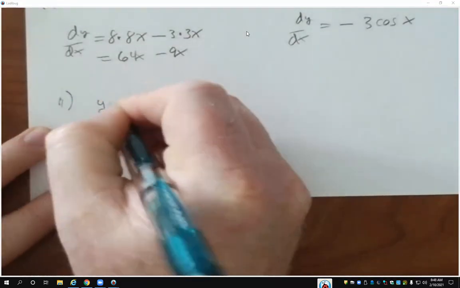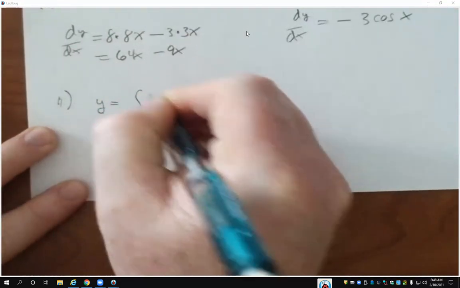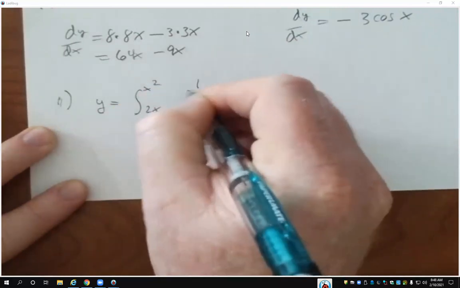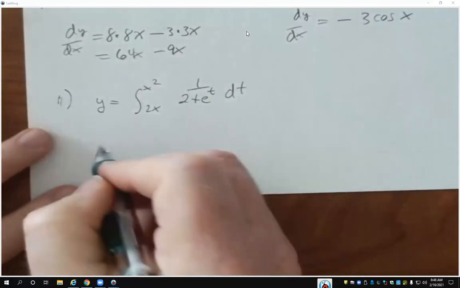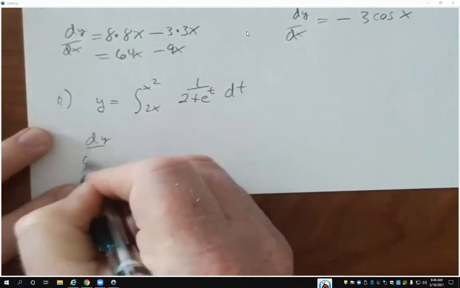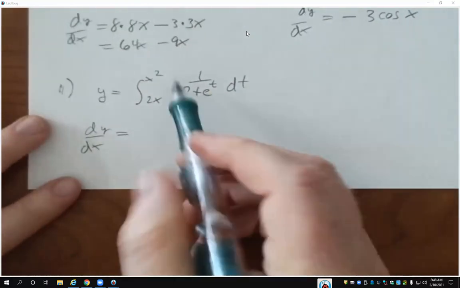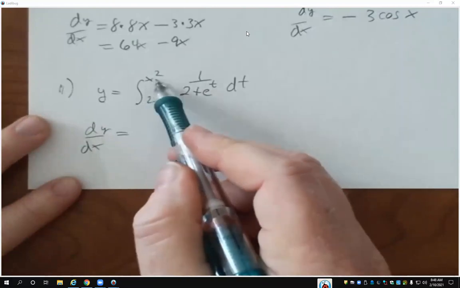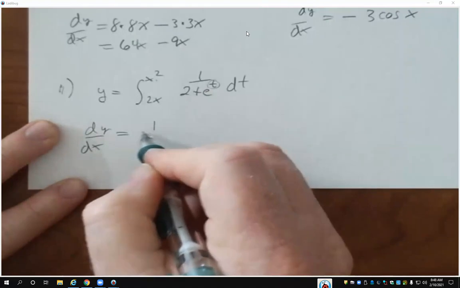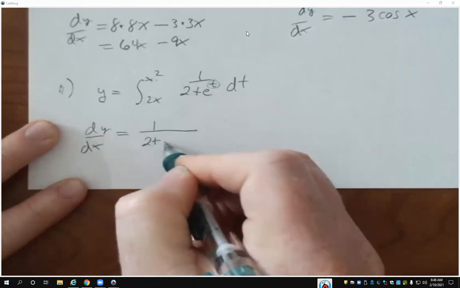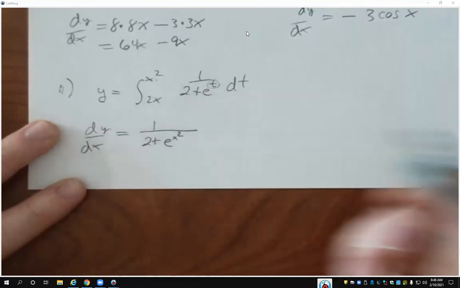says y is equal to the integral from 2x to x squared of 1 over 2 plus e to the t dt. Okay. So our derivative is equal to, we're going to plug x squared in first to this t. So we're going to get 1 over 2 plus e to the x squared.